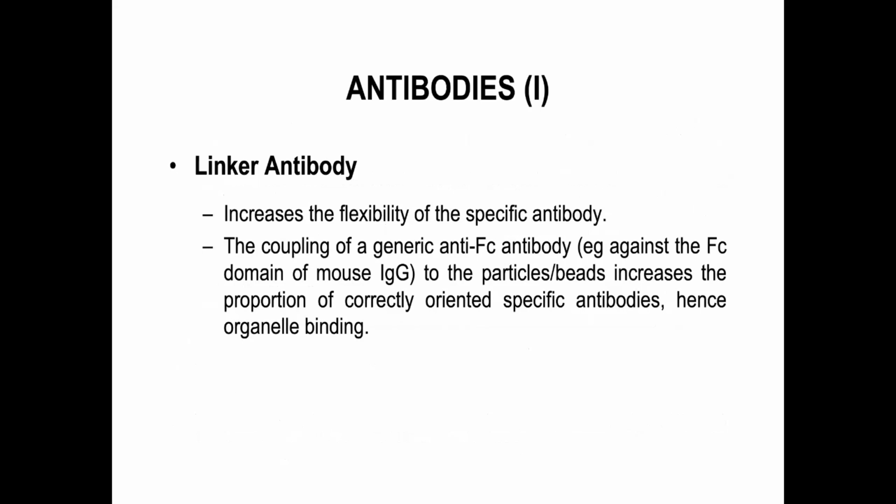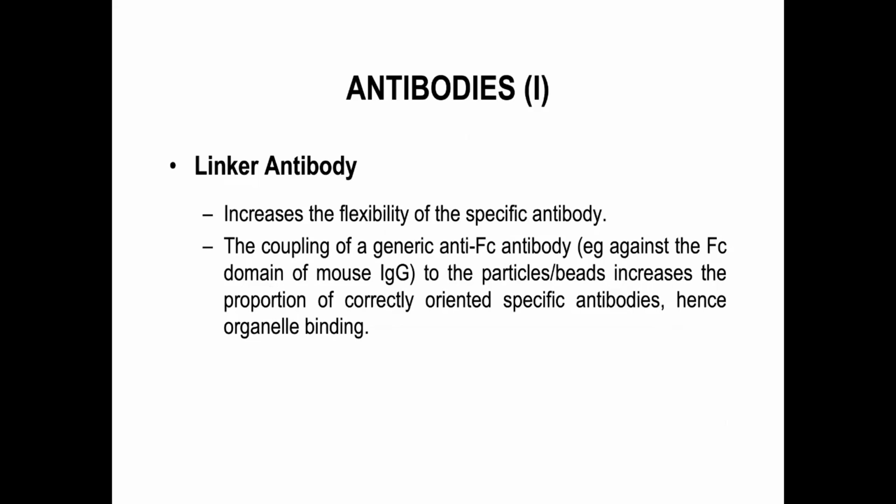Let's first talk about the linker antibody. This linker antibody binds the specific antibody that recognizes the epitope. Why do we use a linker antibody? It increases the flexibility of the specific antibody because, like for fishing, it makes the cantilever longer and more flexible.